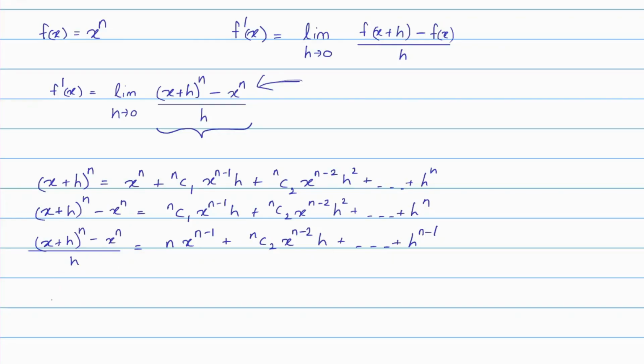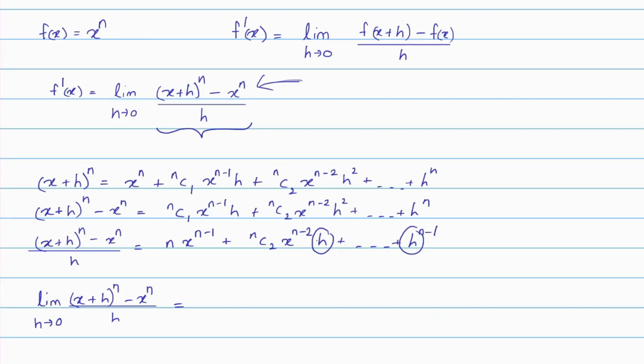So if we apply the limit to this now, that means making all h equal 0. So applying the limit as h goes to 0, we have to make all of these h terms go to 0.